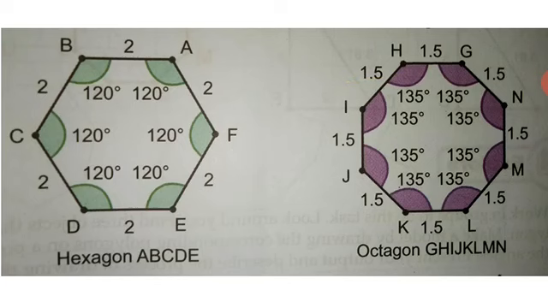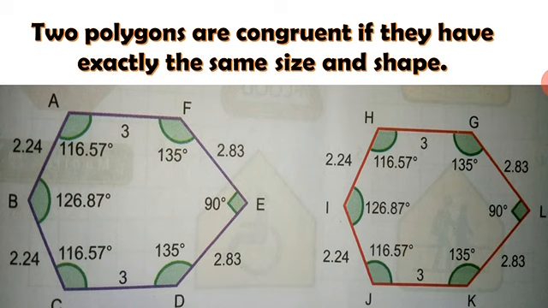Next is congruent polygons. Two polygons are congruent if they have exactly the same shape, the same size and shape. Just like this one and this one. This is a hexagon because they have 6 sides.